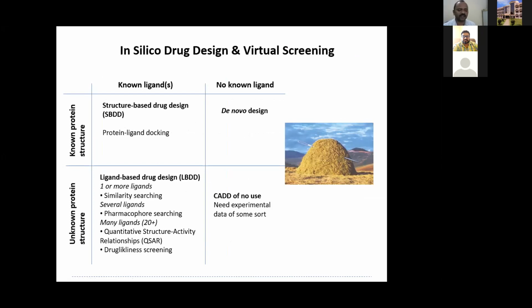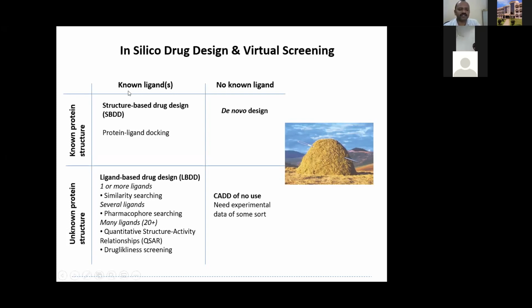In terms of ligands and protein structure: whether you know the protein structure or you don't, and whether you know the ligand structure or you don't. Based on that, there are four quadrants of computer-aided drug design. So you must know these quadrants very clearly.